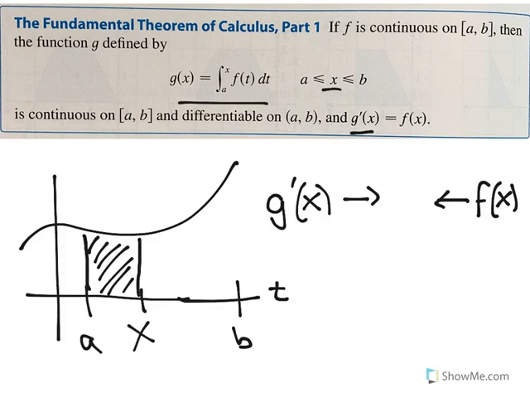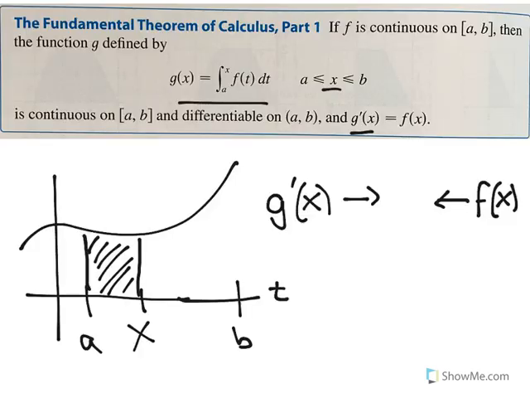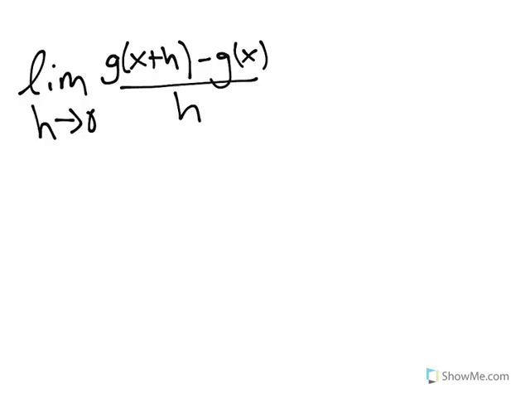Okay, remember g is defined as an integral from a up to x of f of t. So just a thought to remember is that when you're plugging in x plus h, you're replacing everywhere you have an x with an x plus h.